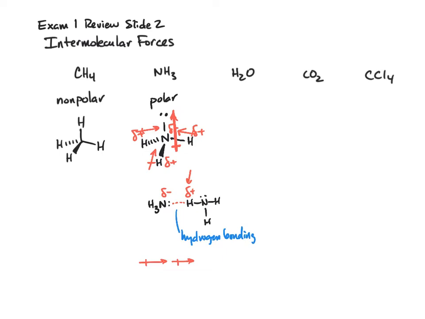So what would be the hybridization of the nitrogen? That's a good question. You say sp3, you say sp2. It's sp2 because the lone pair is out after the bond. It's sp3.